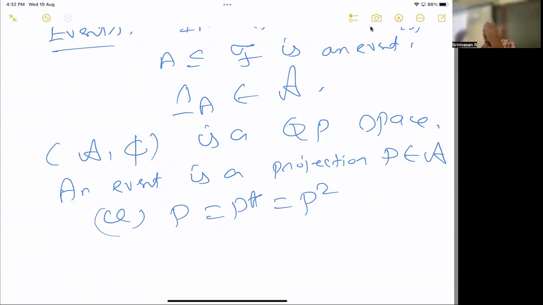If you take a general random variable, which is a self-adjoint operator, you can write it as a summation of lambda_i times some projections, which are called eigenspaces. Those eigenspaces correspond to the events here. The sample space is replaced by the Hilbert space C^n. The points in C^n are the sample space, and every point gives a vector state.